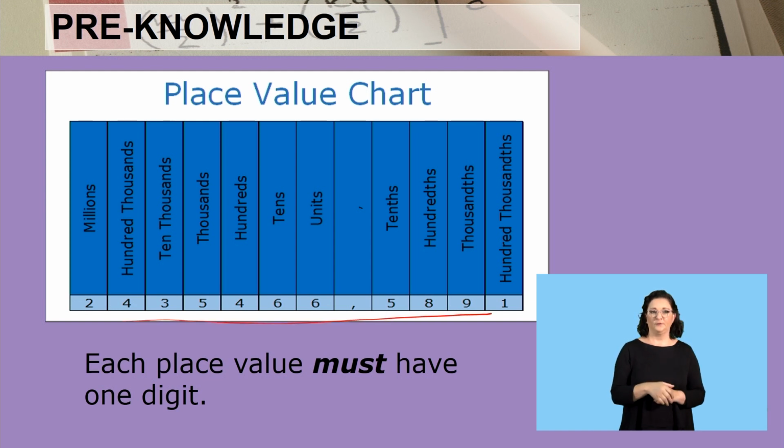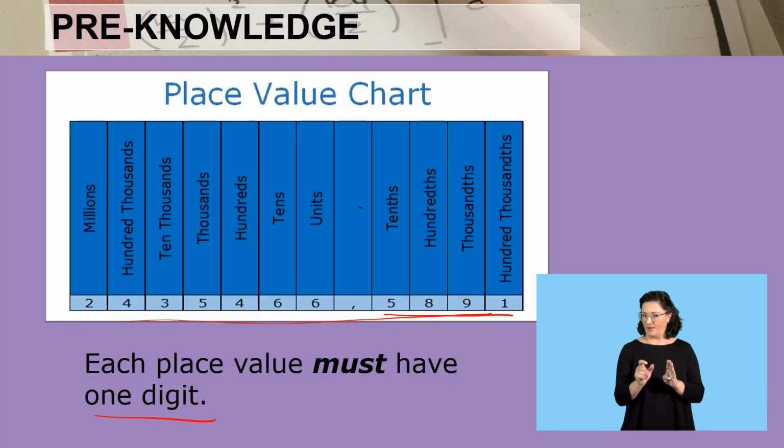We have 2,435,466. But this part is what we want to emphasize today. We have 5 tens, 8 hundreds, 9 thousands, 100 thousands. And please remember this, each place value must have 1 digit. This is important, and you will see why.